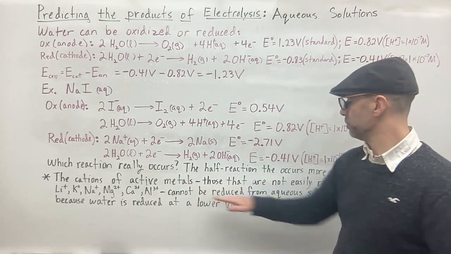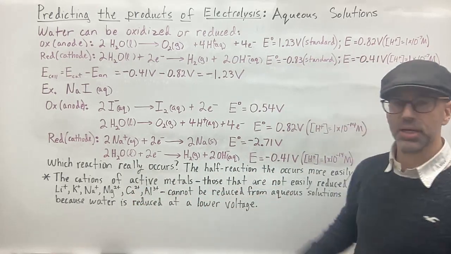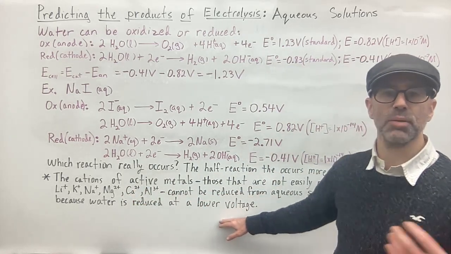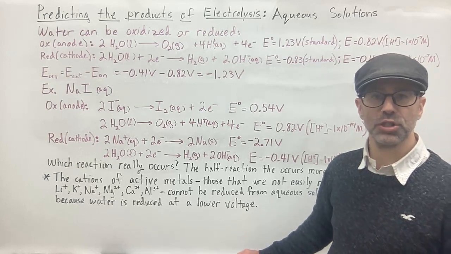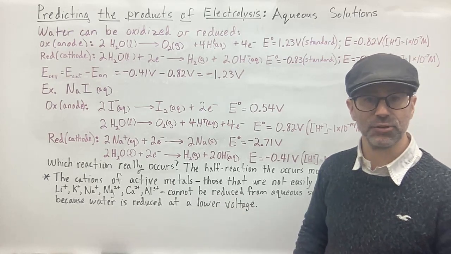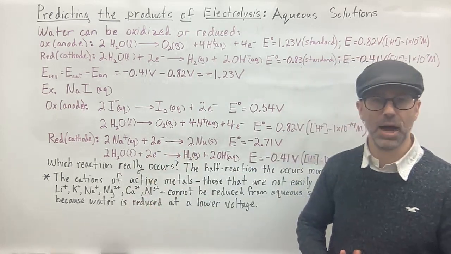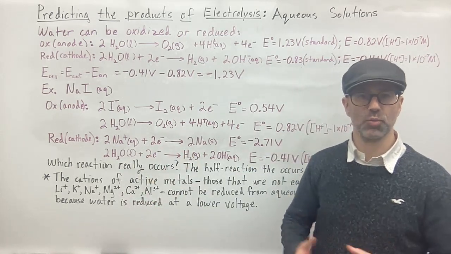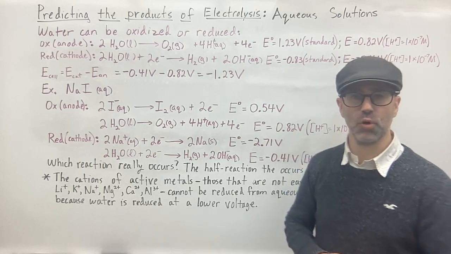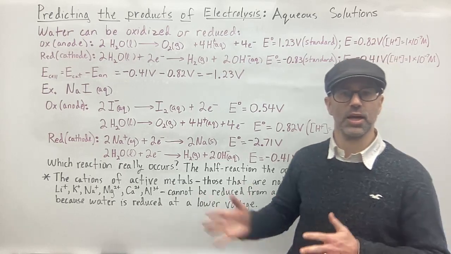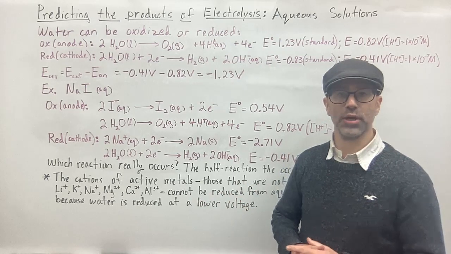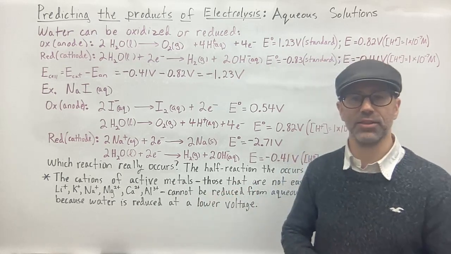These are not going to be reduced in aqueous solution because water is going to be the more easily reducible species in the solution. So that is a general thing to keep in mind when you're thinking about aqueous solutions and whether or not electrolysis is going to work, especially when you're trying to figure out what's going to occur at the anode and the cathode.